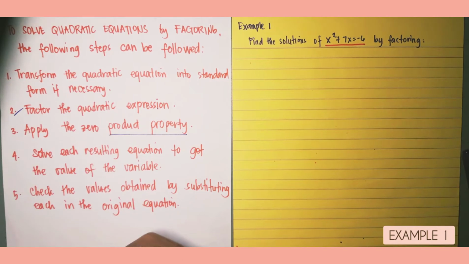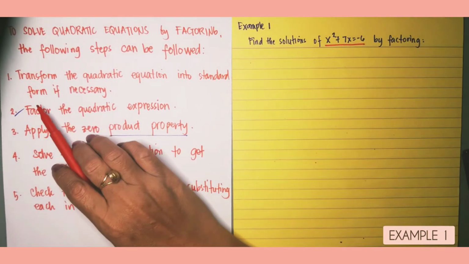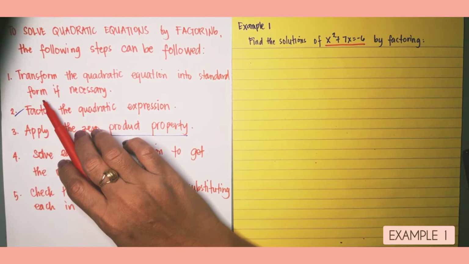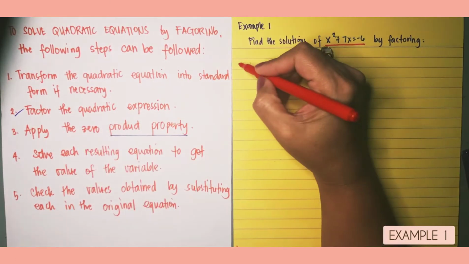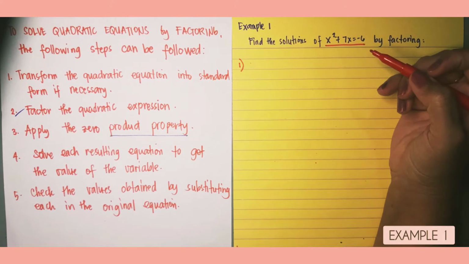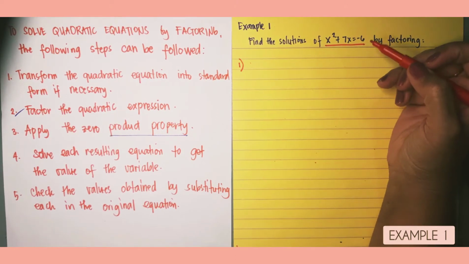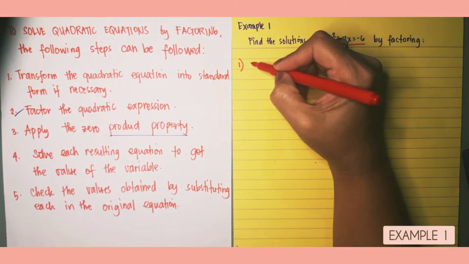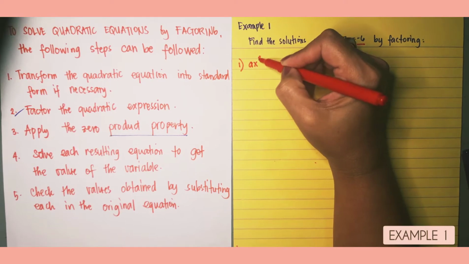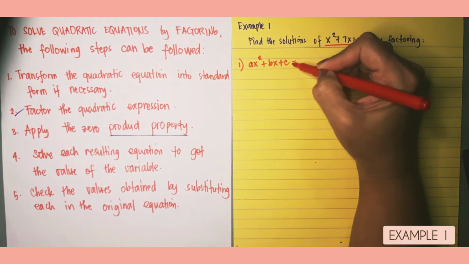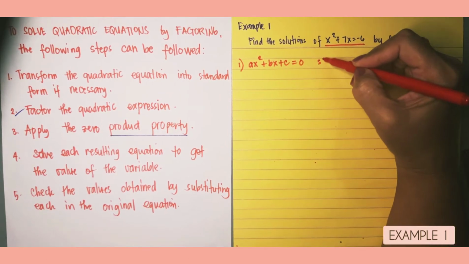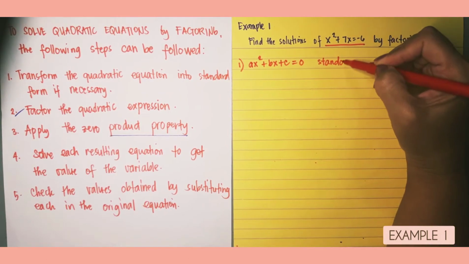So step number 1 says that we must transform the quadratic equation into standard form. And remember that the standard form of the quadratic equation is ax squared plus bx plus c equals 0.